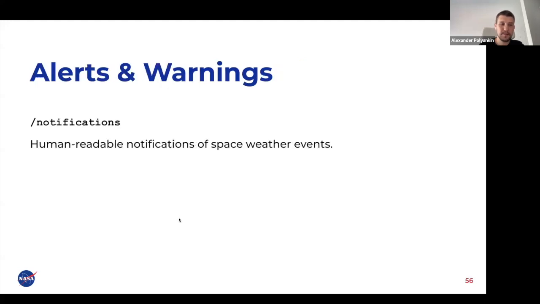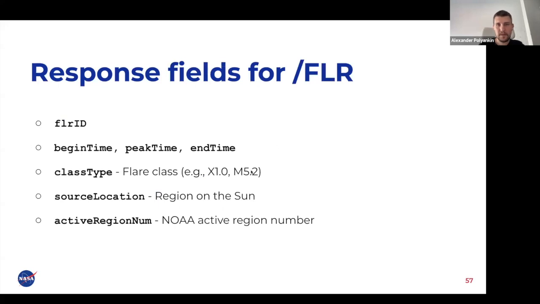And there is also something more interesting here. They also have a separate endpoint called notifications, which contains some human-readable information that is computed based on all these data sets. So just to give you a quick overview of what's available.